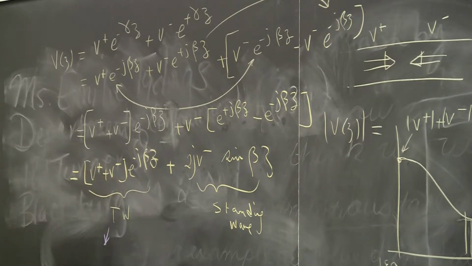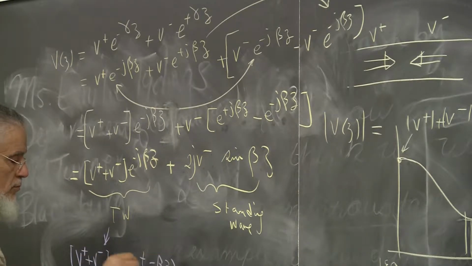Convert this part to the time domain, then there was v plus v minus, and then you have cosine omega t minus beta z, right? Which, as we saw before, is a wave that travels with time.